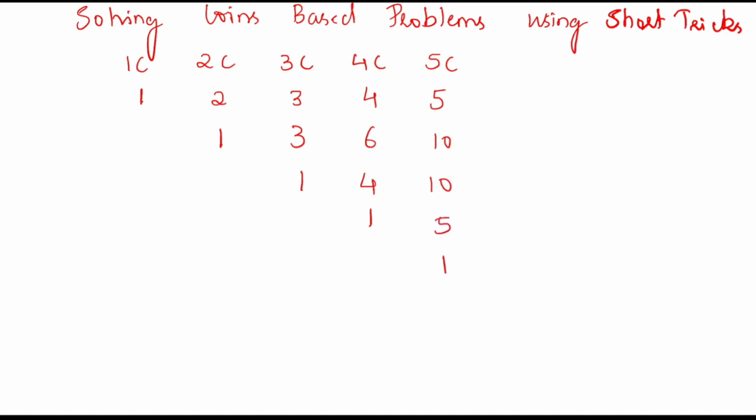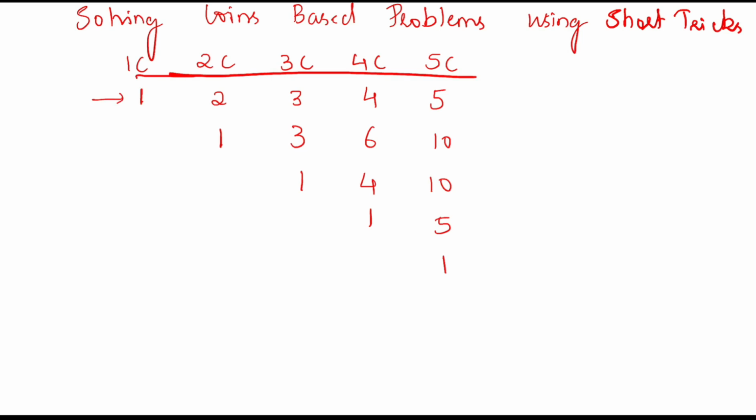If you remember this table, and it is very easy to remember, just remember 1 coin starts with 1. When 2 coins are tossed, it starts with 2 and 2 1. 3 coins, 3 3 1. 4 coins, 4 6 4 1. 5 coins, 5 10 10 5 1. If you remember this simple table, you can solve any number of coins problems.